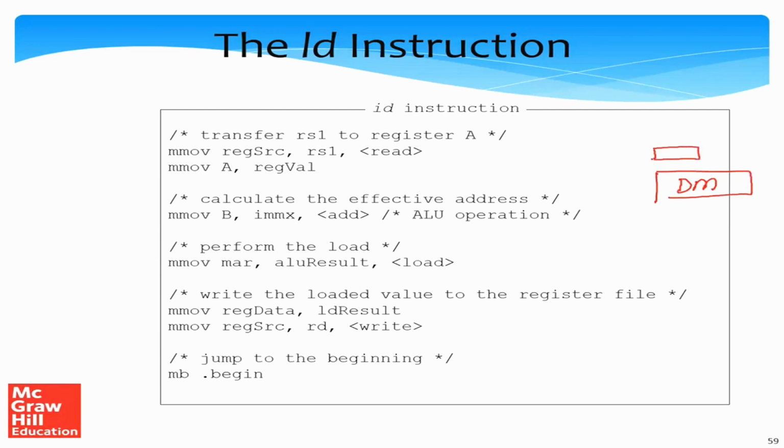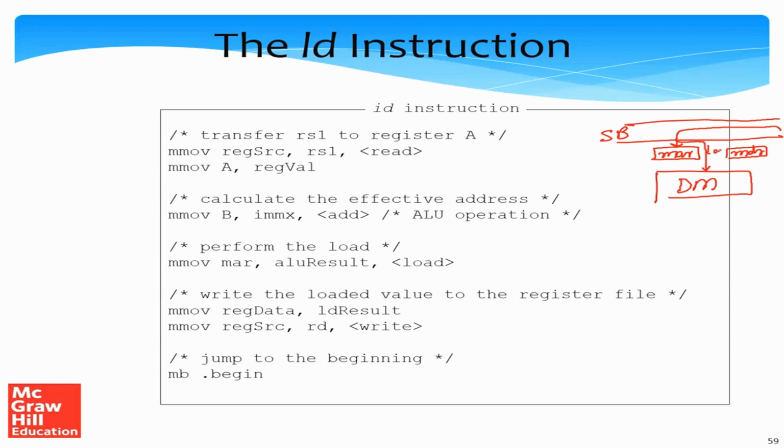We have the MAR for the memory address register and the MDR, which is the memory data micro register, but MDR in this case is not required. So via the shared bus, let me call it SB, we transfer the ALU result which contains the address of the memory location. This we transfer to the MAR register and in parallel we initiate a memory load.